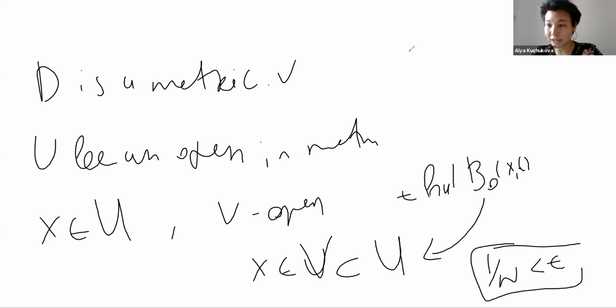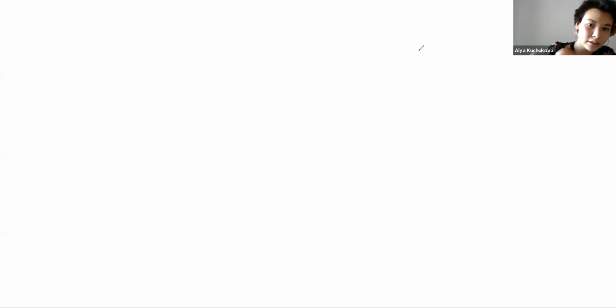So if we divide by natural numbers, at some point that would be lower than some constant. And so what we get is V, a basis element of the product topology.